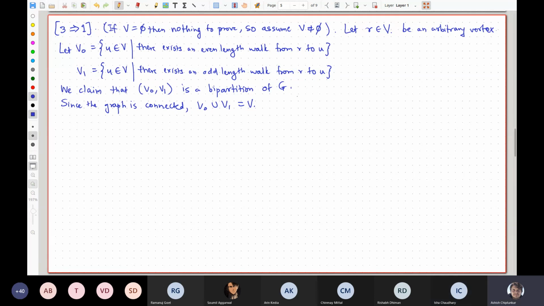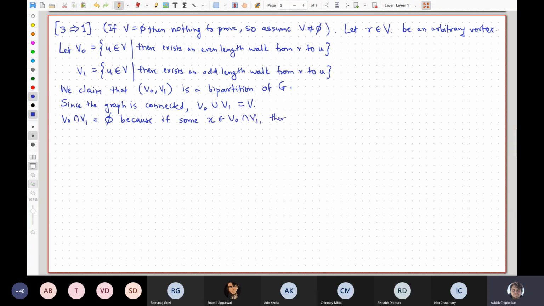Okay, so the union of V0 and V1 is equal to V. V0 intersection V1 is equal to the empty set, because if not, if some x belongs to V0 intersection V1, what does it mean?